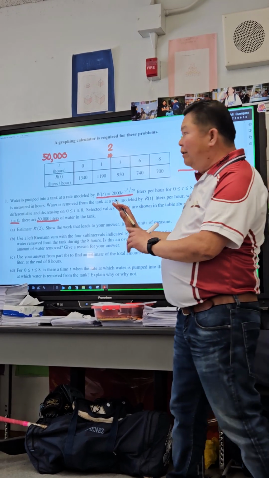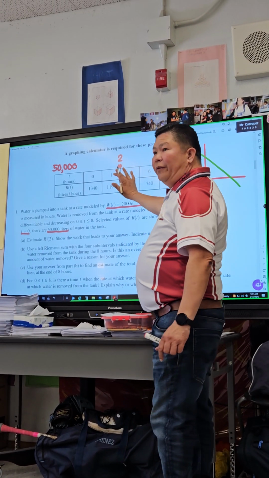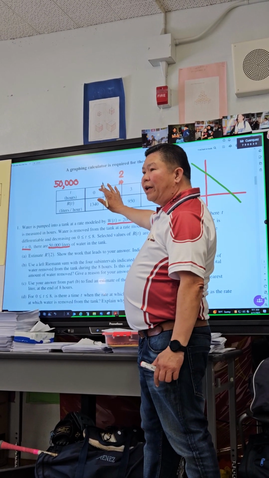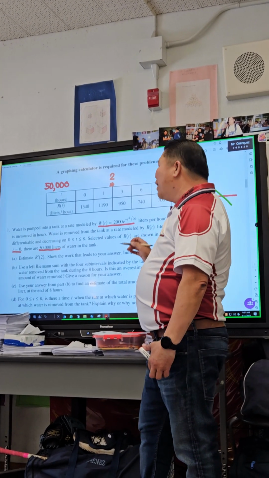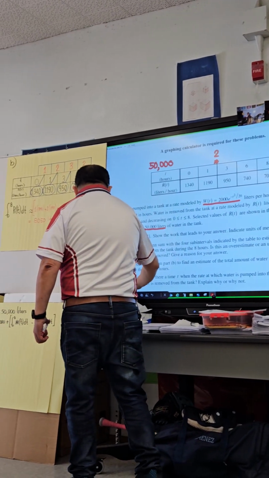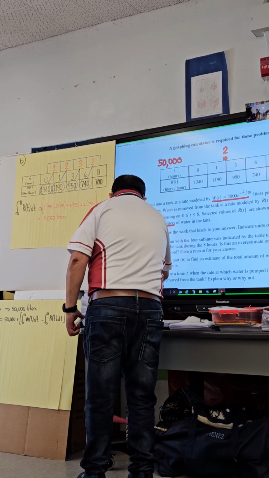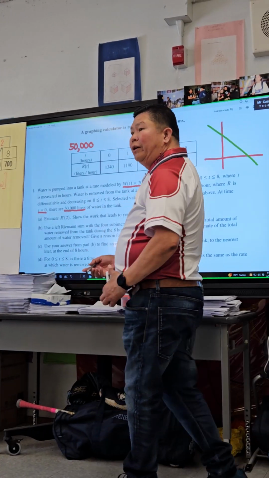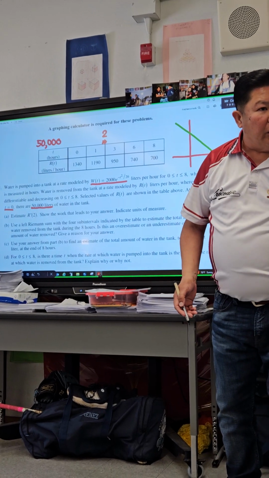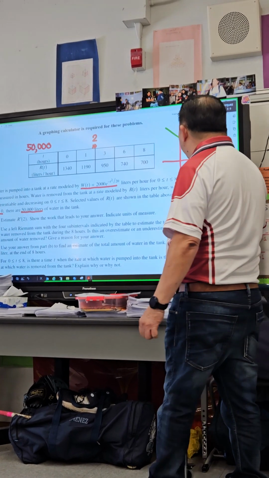Now, again, you might be confused. Why is it, Mr. Roy, that in the table you go to the left, and if you graph, you go to the right? As I said, we have different rules for graph and table. Do you get me? Left Riemann sum.